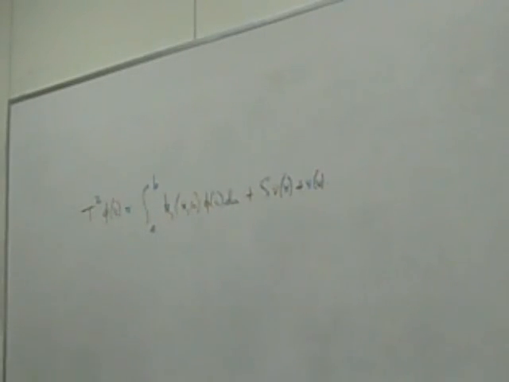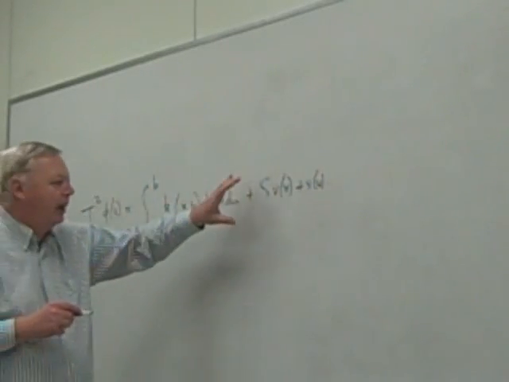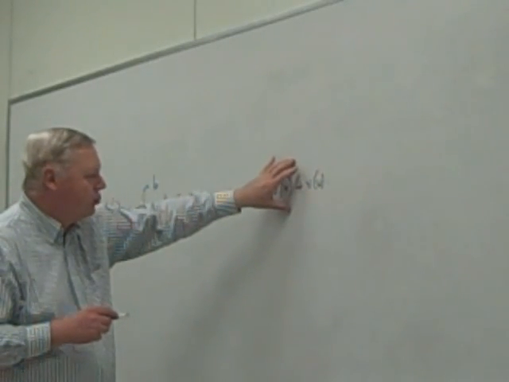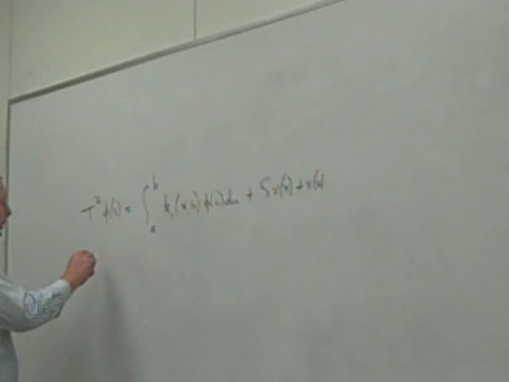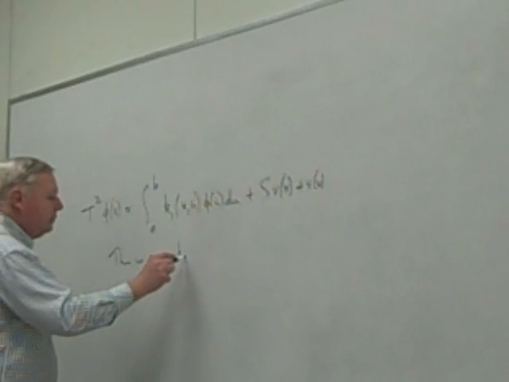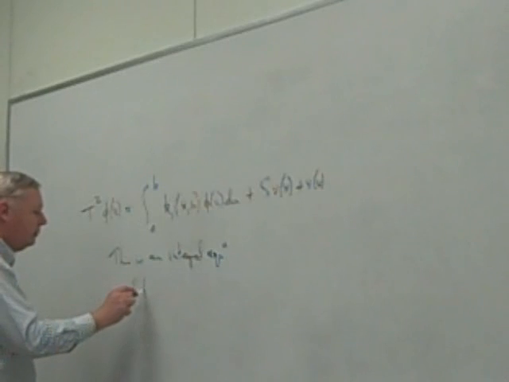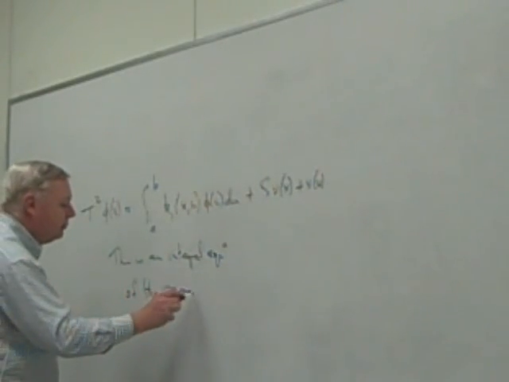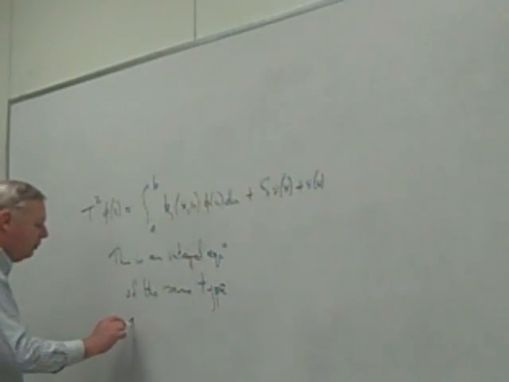So what I've done is I've changed the kernel function from k to k1, and I have changed the final function from v to Sv plus v. But this is the integral equation of the same type as before.